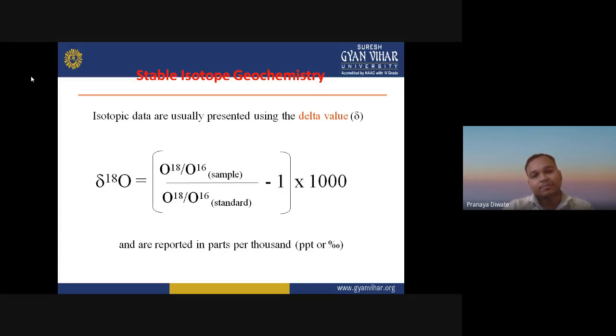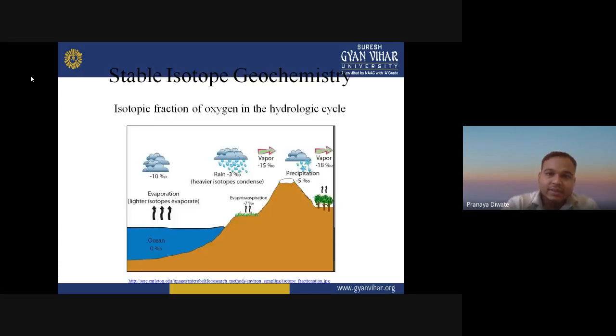And what kind of studies do we generally take? Under stable isotope geochemistry, there is isotopic fractionation of oxygen in the hydrological cycle.